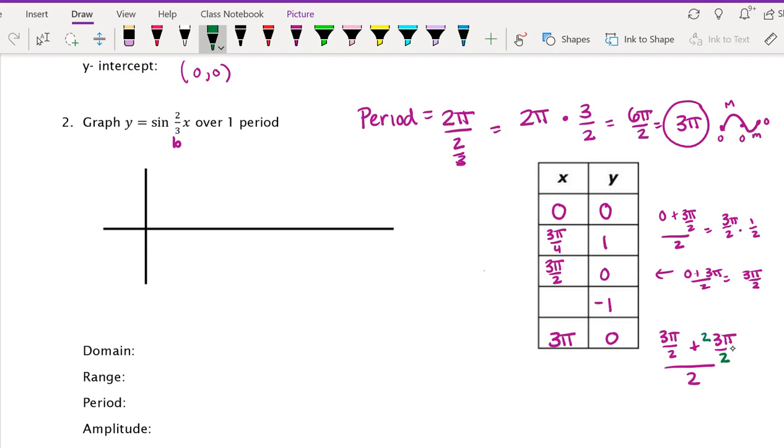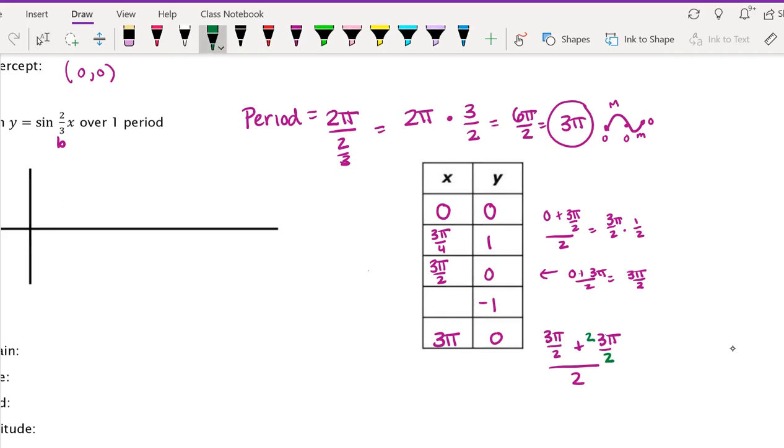So I actually got, using all this space over to the side, 3 pi plus 6 pi over 2 times 1/2. That's this part right here, this denominator. So we get 9 pi over 2 times 1/2. So we get 9 pi over 4.